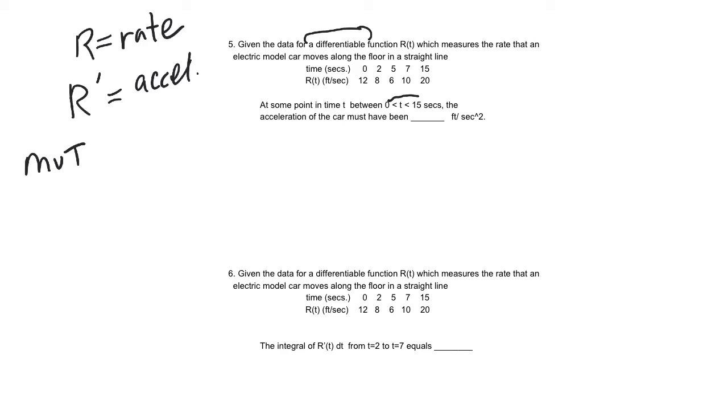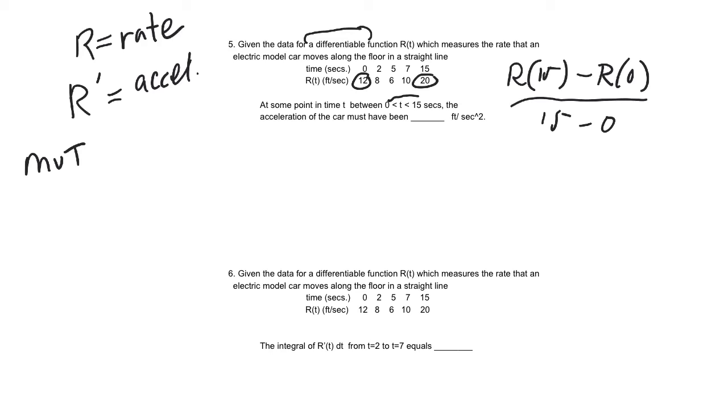So what's the average acceleration? Well, it's basically looking at this and this, which is r of 15 minus r of 0 over 15 minus 0. That's the average rate of change of the rate, and that's going to be 20 minus 12 over 15 minus 0, 8/15.